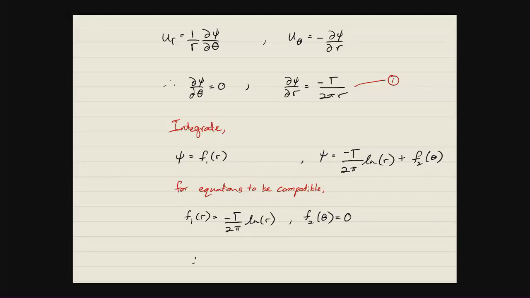So therefore, the stream function for a potential vortex is just negative gamma over 2 pi ln r.